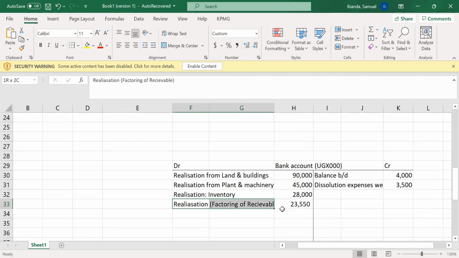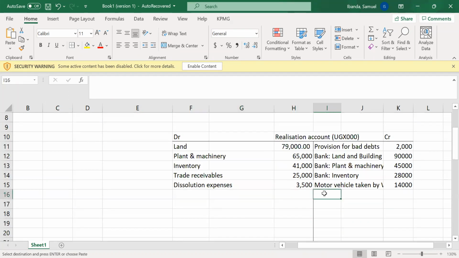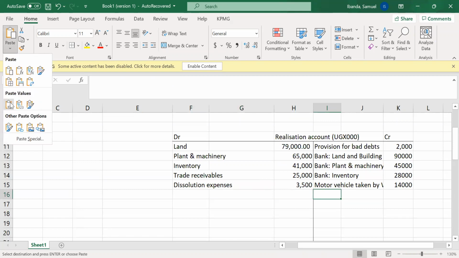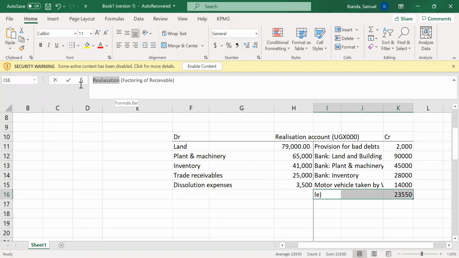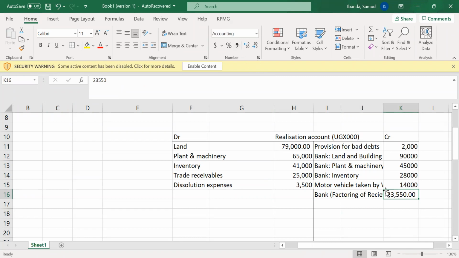So bank is receiving. As you do this, you come to recognize that into the realization account. But of course, here we shall not call it realization again; this will be bank, because it's the alternative account which is coming in here. But we also know that these were not paid in full.